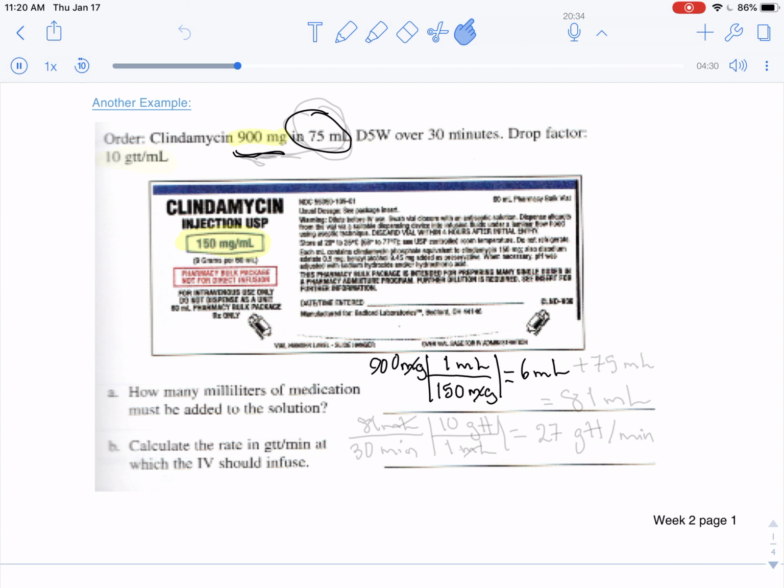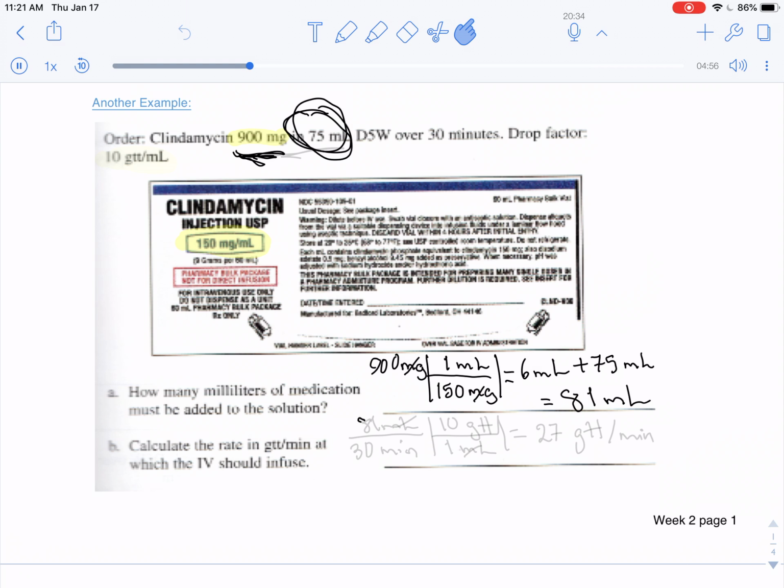So now we're going to go back to the 75 milliliters, and since the problem originally says that we're going to have the 900 be placed in the 75 milliliters, we can just combine these two numbers for a total now of 81 milliliters. So now we're going to calculate the rate based off of the amount of solution that we have.